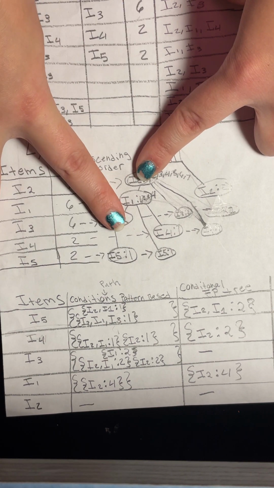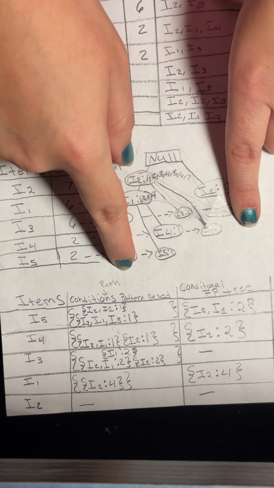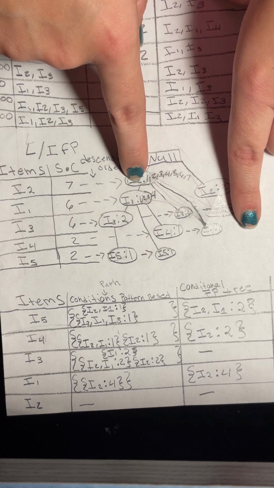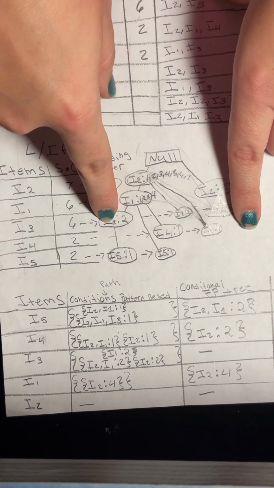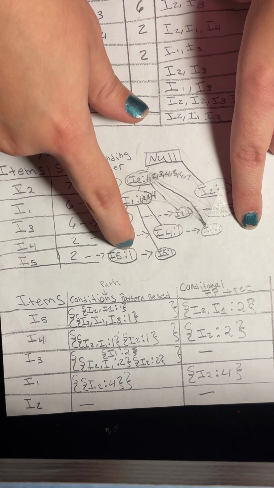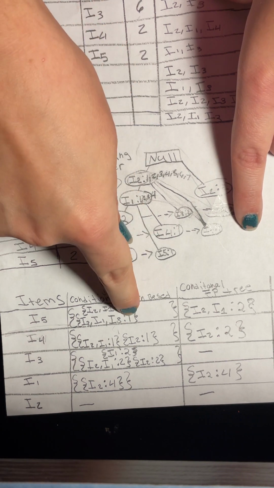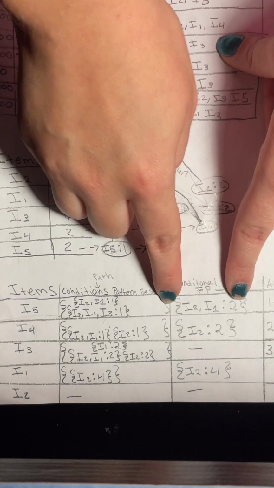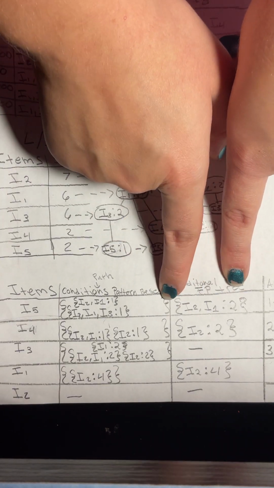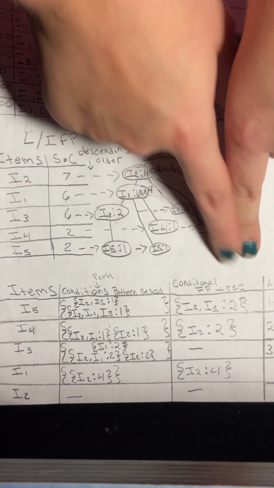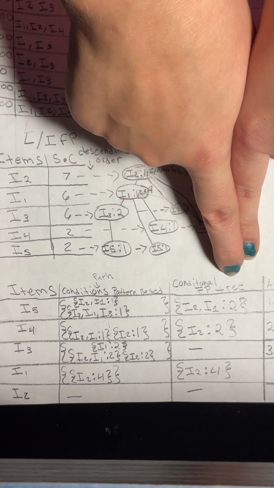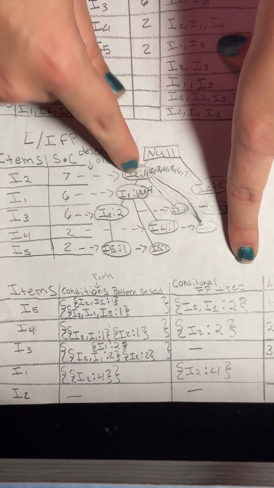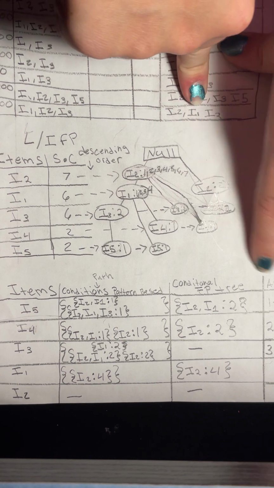Now our second time that we're able to get a path to item 5 is going to go from item 2 to item 1 to item 3, then to item 5, but that still ends in a 1, so our end here is a 1. So we have 2 pathways right there, and then you can symbolize that over here by item 1 and item 2 having 2 pathways. Those are the conditional FP trees. So you have 2 ways of hitting that I5.